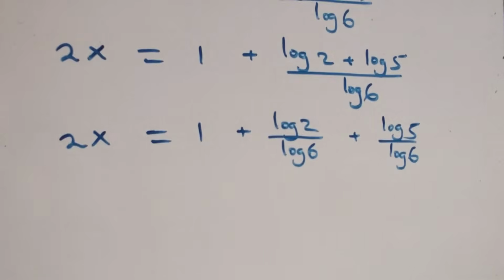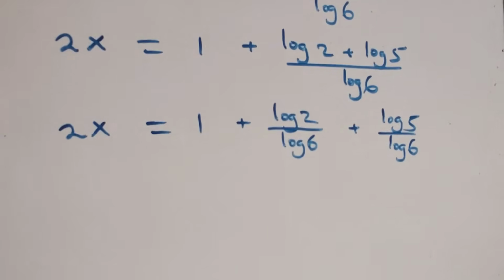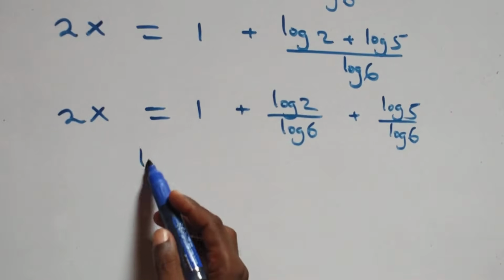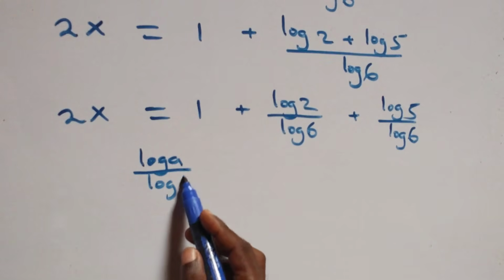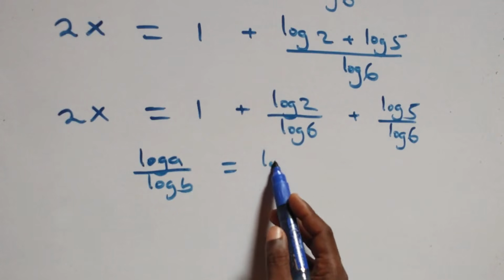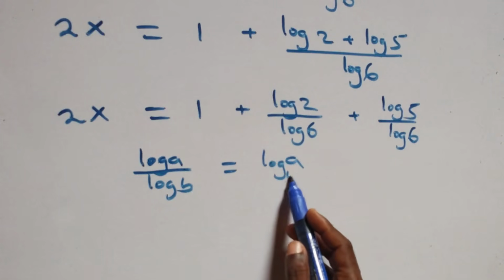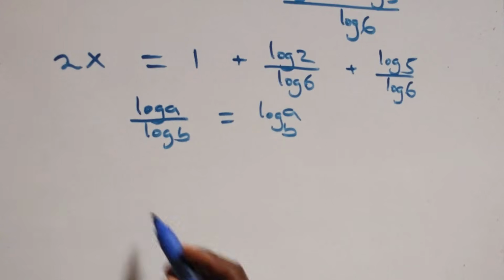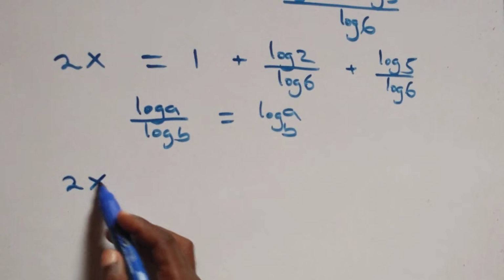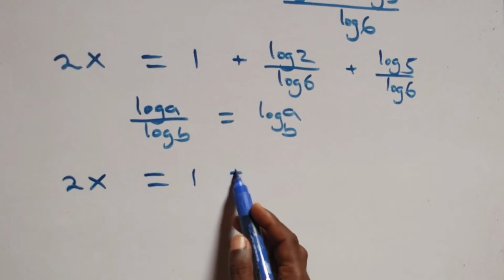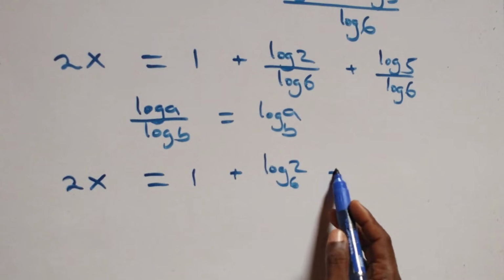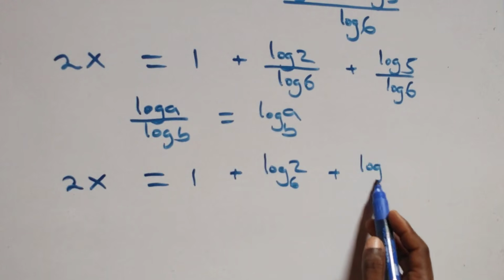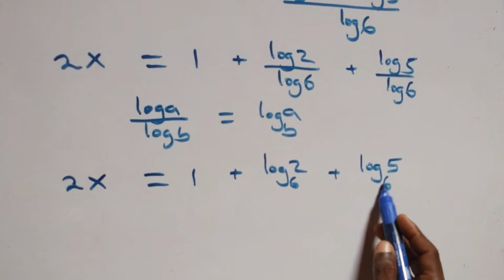Then, from here, we apply change of base. When we have log a over log b, this is the same thing as log a to base b. Here we have 2x equals 1 plus log 2 base 6 plus log 5 base 6.